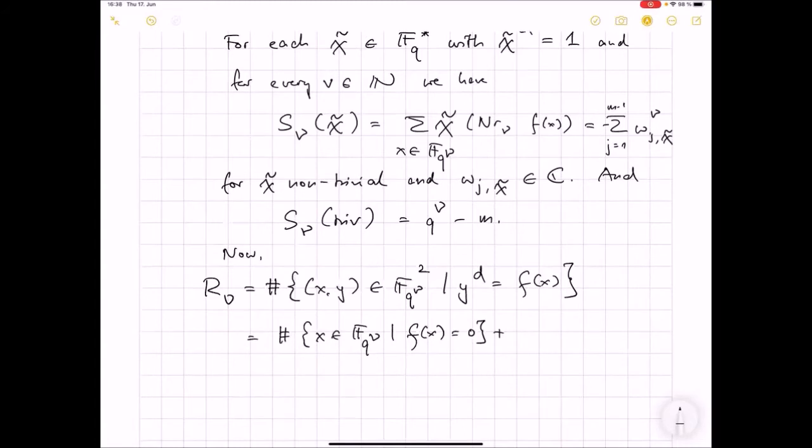And so if there is an x such that f of x is a dth power, then I get these solutions for y. So this is d times the number of x in F_{q^ν} such that f of x is a dth power.